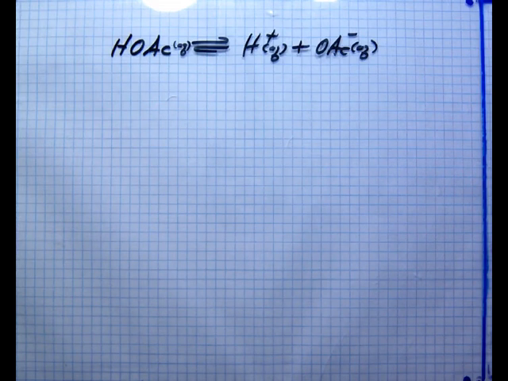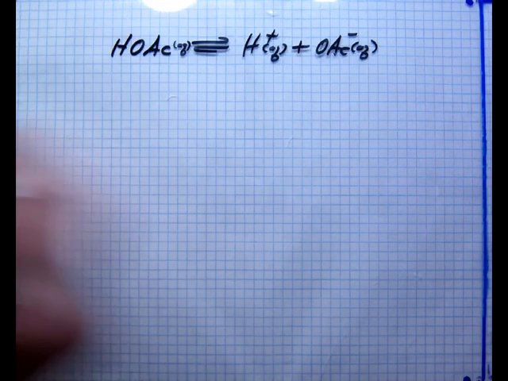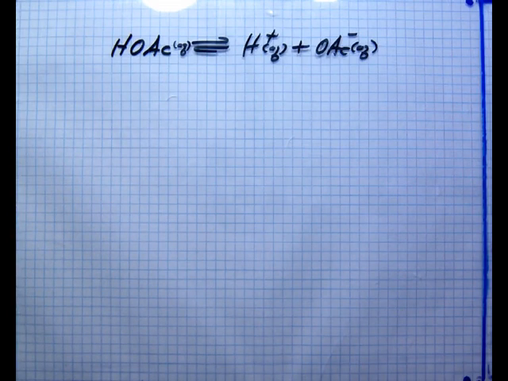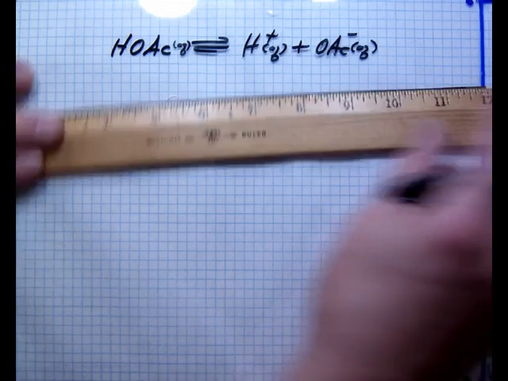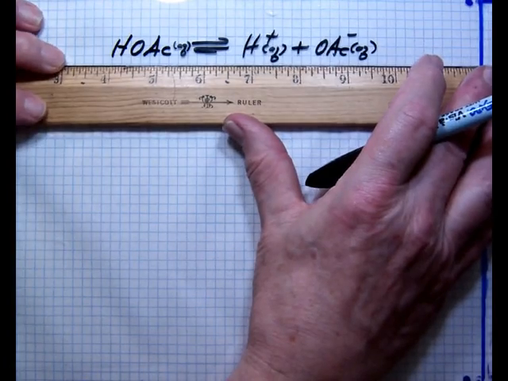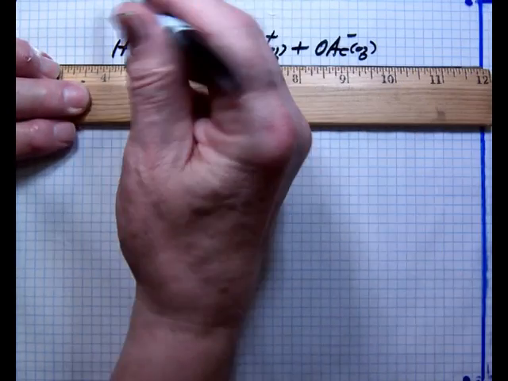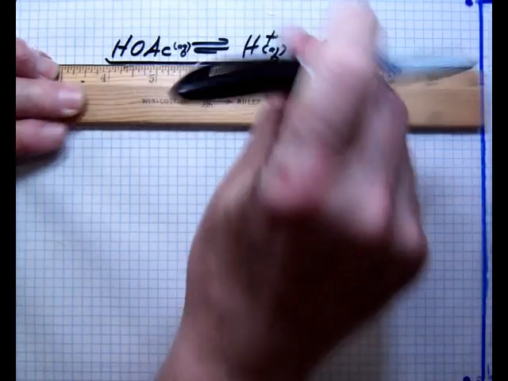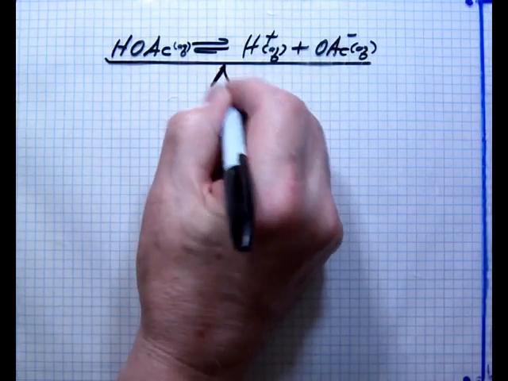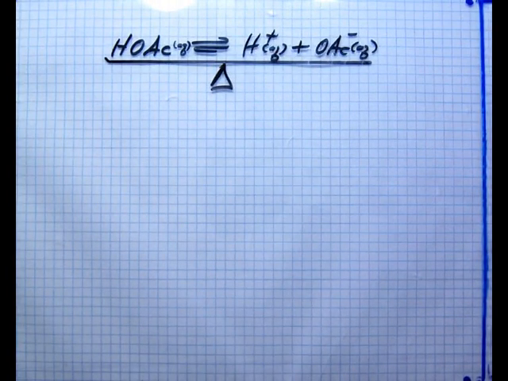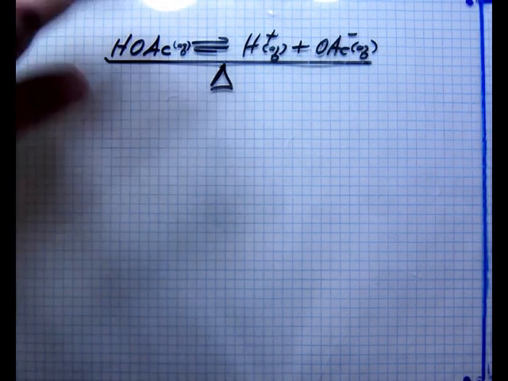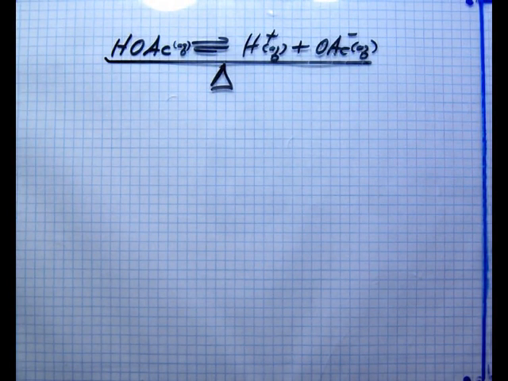Now, the way I look at this is, let's assume this equilibrium is acting like kids on a seesaw, like this. While the equilibrium is balanced and stable, we have the horizontal configuration of the seesaw.